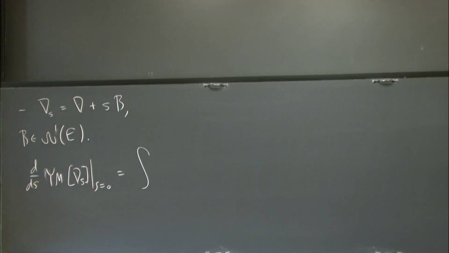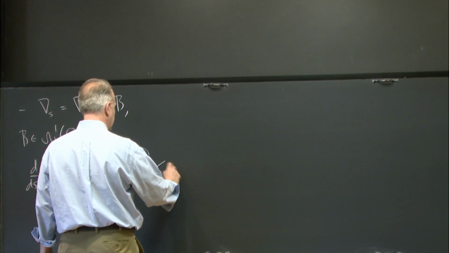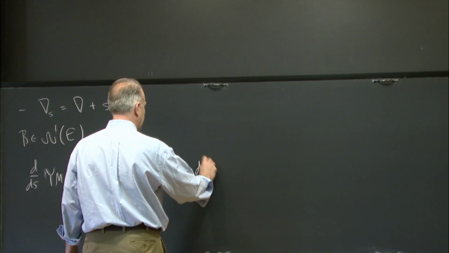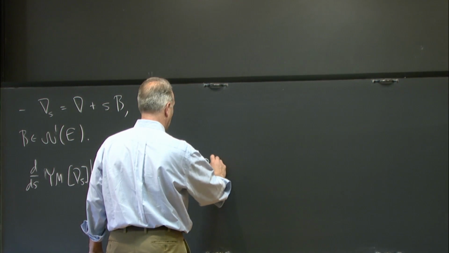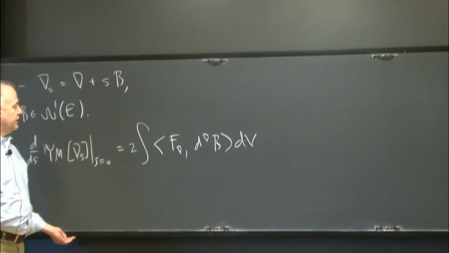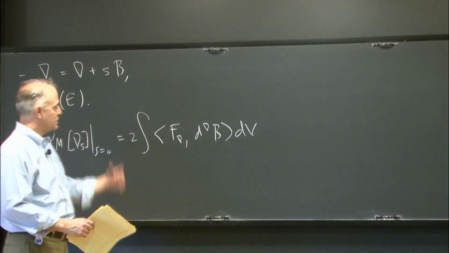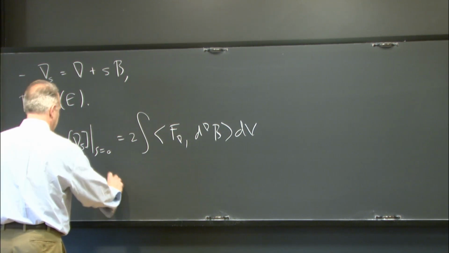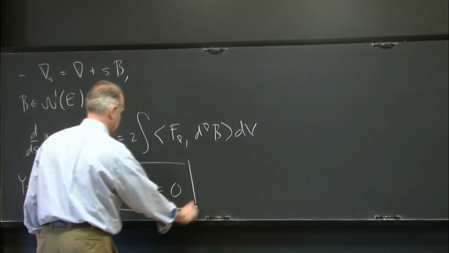Using the definition of the curvature and first variation, what you get is, there's a factor of 2 here, the inner product of the curvature of Nabla with the exterior derivative induced by the connection acting on this one form B. If I have a critical point for the Yang-Mills functional, this is 0 for all such B. If I integrate by parts, we get the Yang-Mills equation, which says that the adjoint applied to the curvature is 0. That's the Yang-Mills equation.